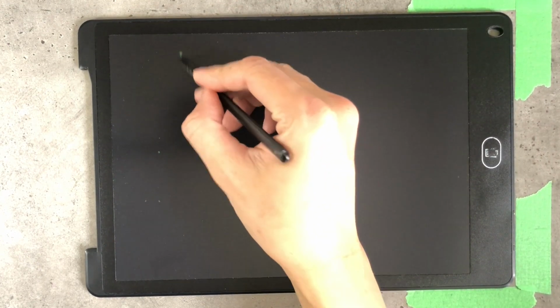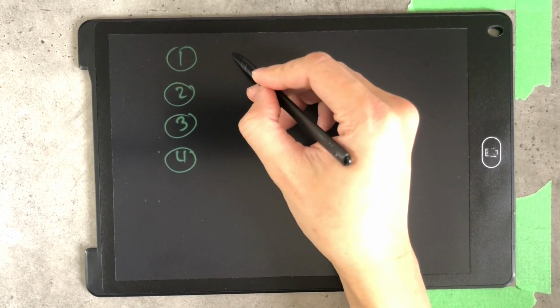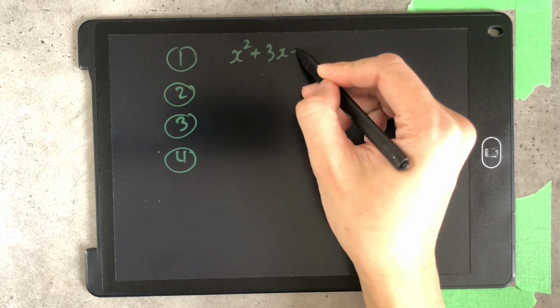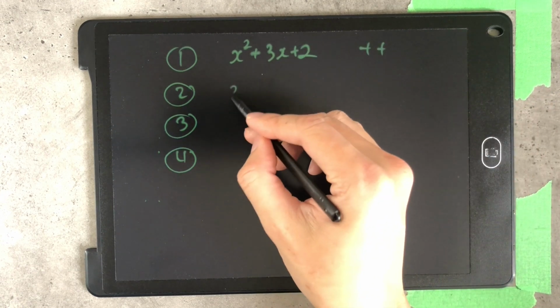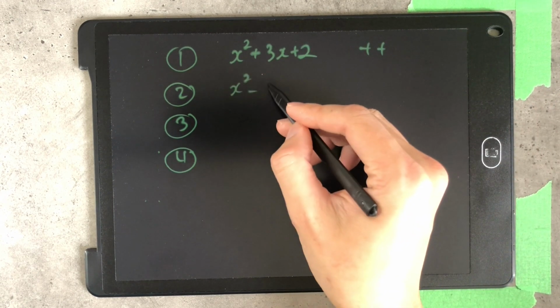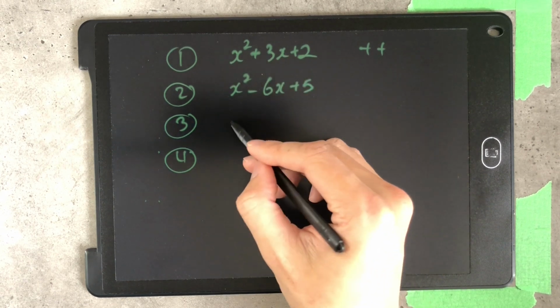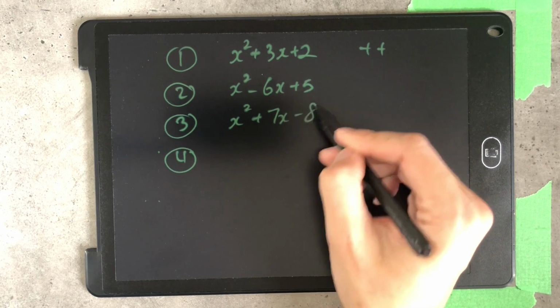So we have 4 different scenarios with different signs. The first one, they're all positive. So we have x squared plus 3x plus 2. Both are positive. The second one, we have x squared minus 6x plus 5. Third, we have x squared plus 7x minus 8.